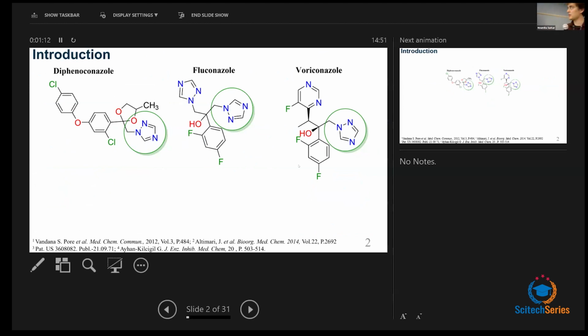It contains this heterocycle 1,2,4-triazole, its pharmacophore group, and some other heterocycles. For example, fluconazole and voriconazole is antimycotics. They're using in medicine, and difenoconazole is crop protection drug.